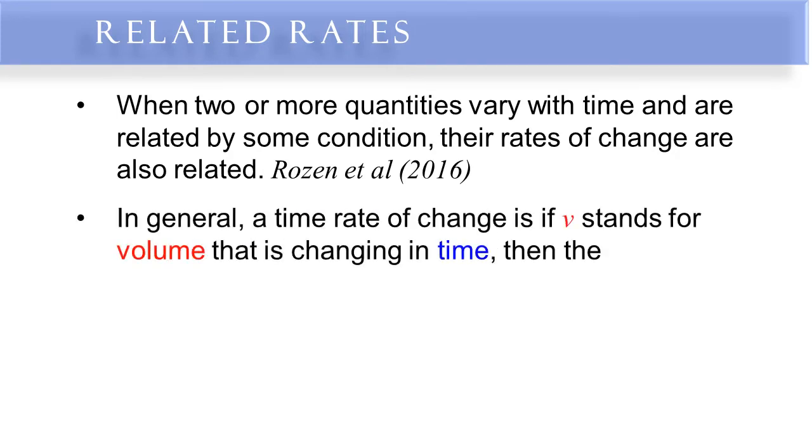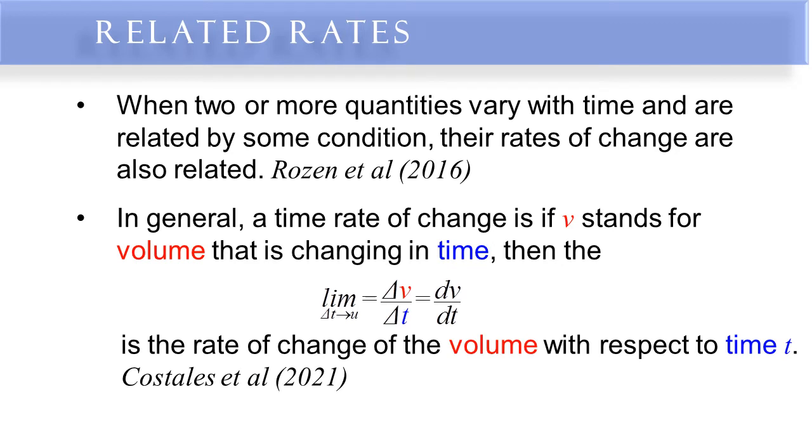And in general, a time rate of change is, if V stands for volume that is changing in time, then the limit of delta V over delta T as delta T approaches 0 is equal to the derivative of V over the derivative of T, the rate of change of the volume with respect to time T, by Costales et al., 2021.